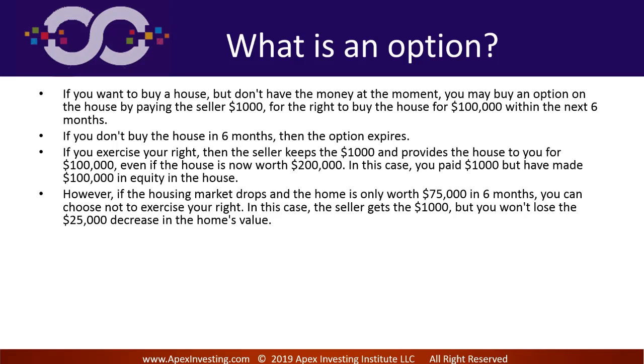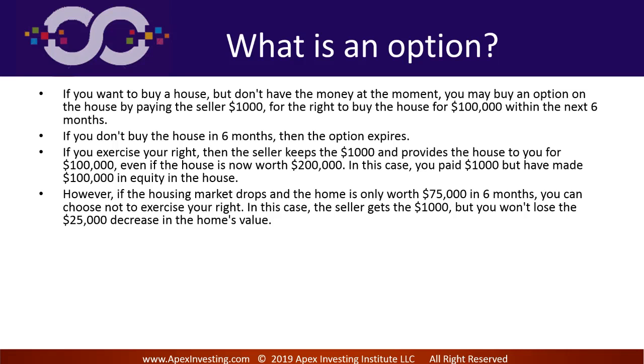I actually had this happen where I was going to buy a house on a lake, and I went to buy the house in cash. I didn't have the cash at the moment, and I didn't want to use that much cash up, and so I actually bought an option on the house. It was right around $1,000, and it was a gorgeous area right on the lake. I'm like, I love this. The house was okay, but the location was perfect.